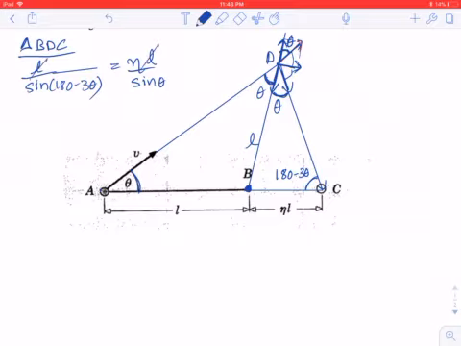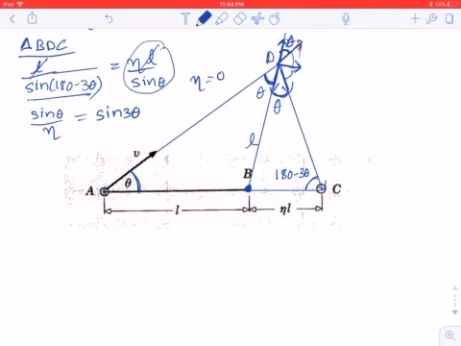So L gets cancelled. The sine of pi minus 3 theta is sine 3 theta. I'm taking this part of the equation to the other side, so we would get this basically. Now sine 3 theta you can expand, and eta is given to us as 0.5 in the question.